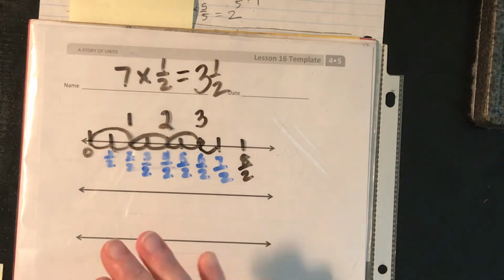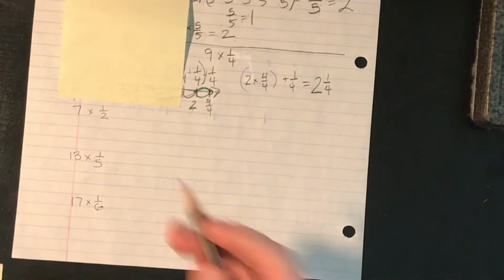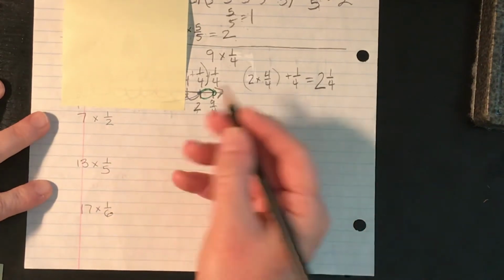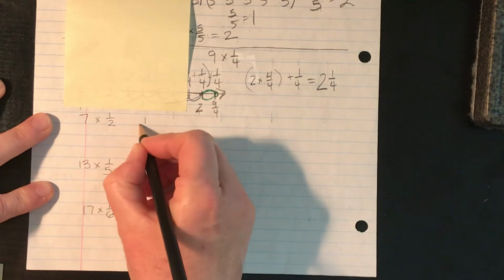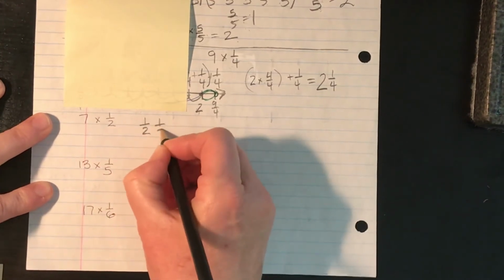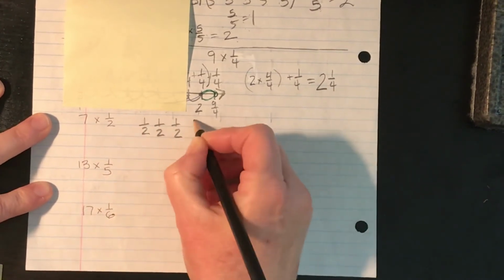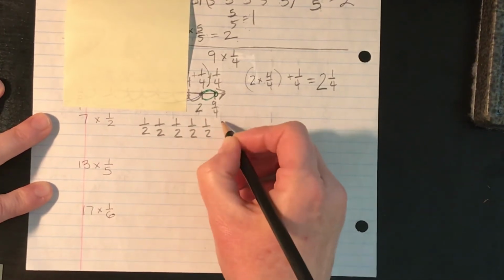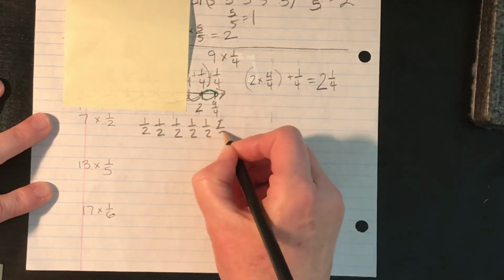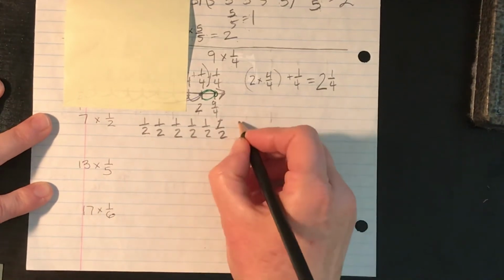Now we're going to go back to the other paper for just a minute, because I want you to see that grouping idea that we just did. So again, I know that 7 halves is the same as 1/2 7 times. 1, 2, 3, 4.